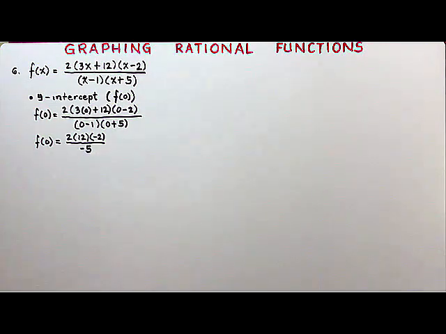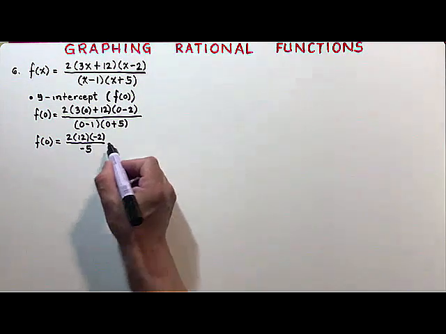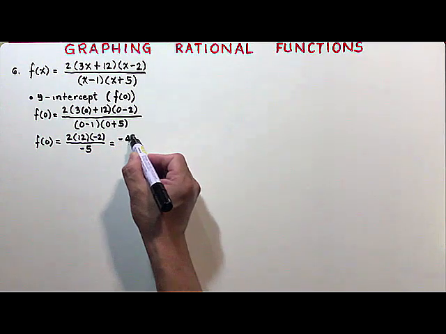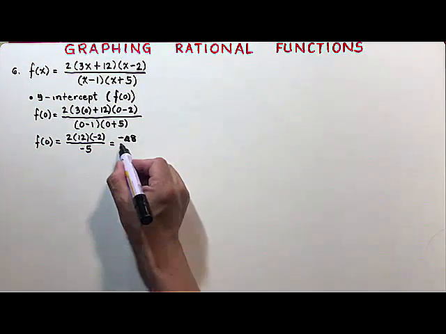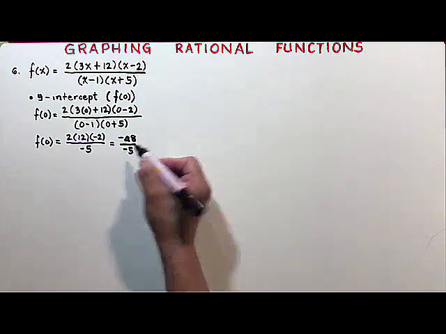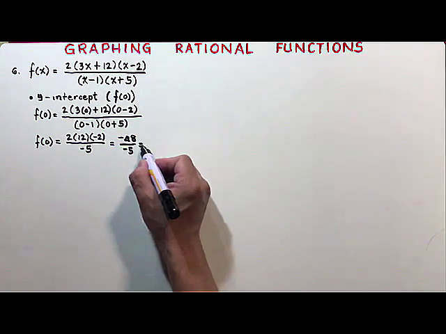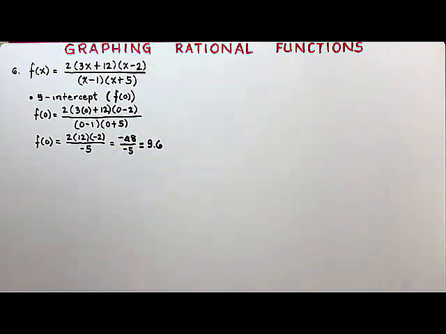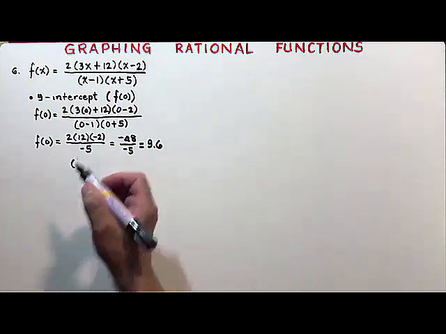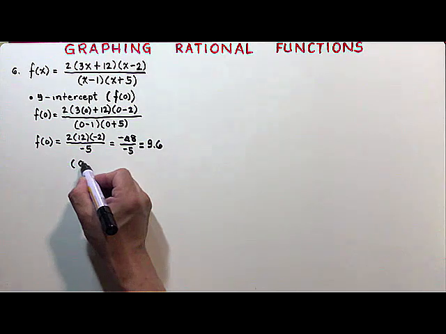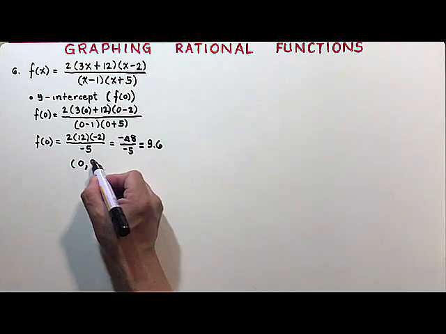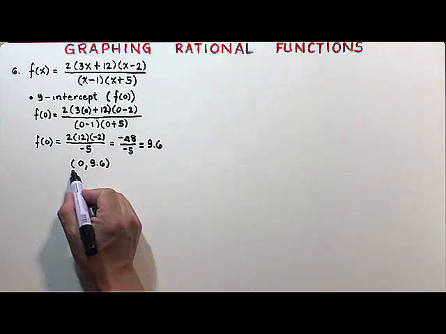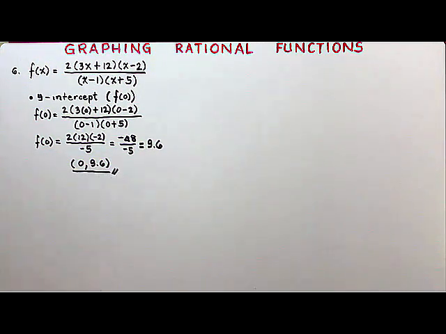So 2 times 12 is 24, and 24 times negative 2 is negative 48. And this will be divided by negative 5. If you have your calculator, that is equal to the decimal 9.6. So therefore, our y-intercept is at the point (0, 9.6). So this is now our y-intercept.